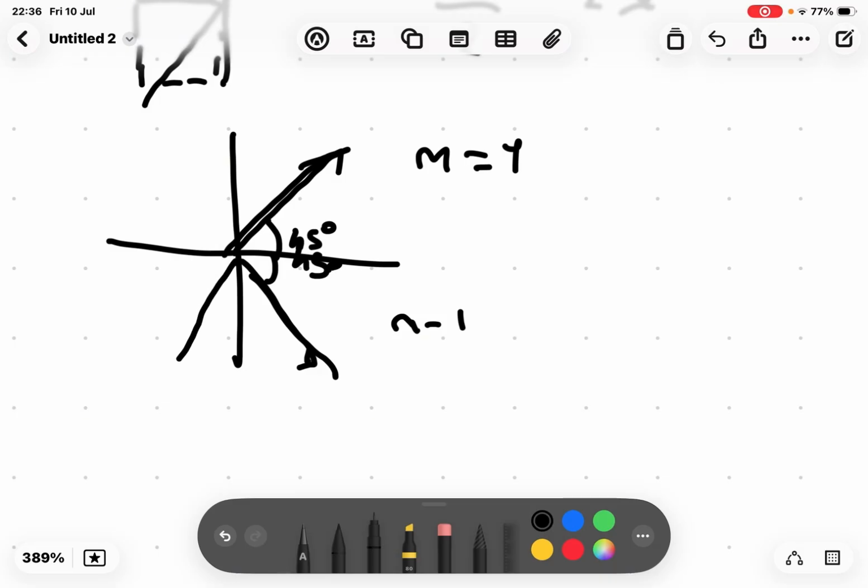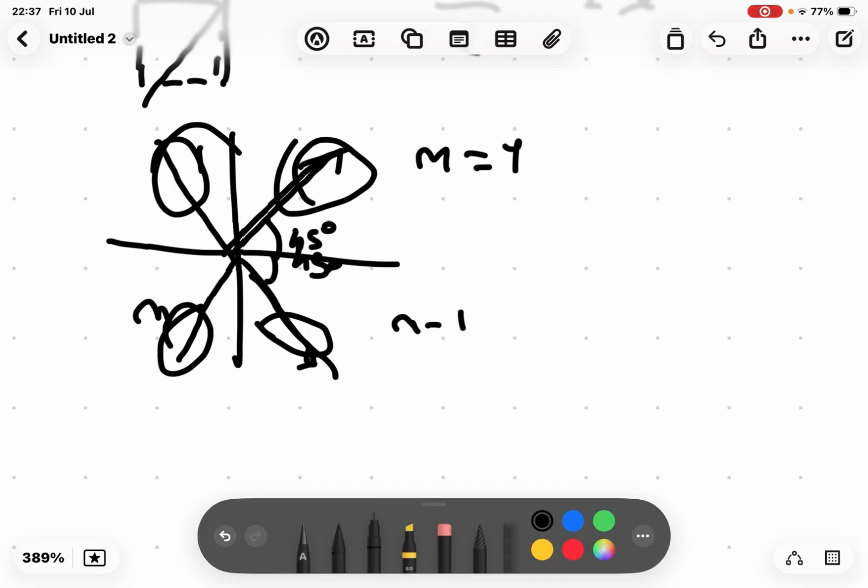When we draw graphs, I assume that over here it's positive and here also negative, because this one's going down, this one's going down, this one's going up, and this one's going up.